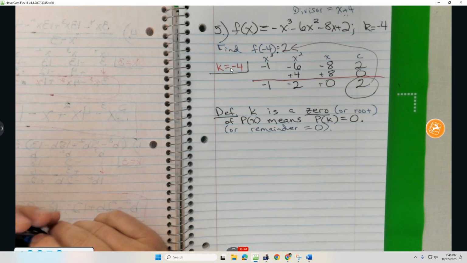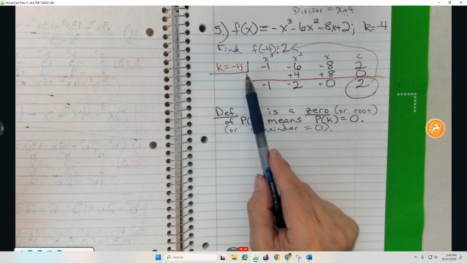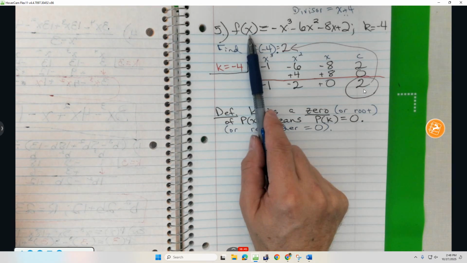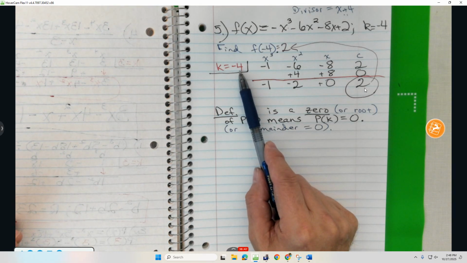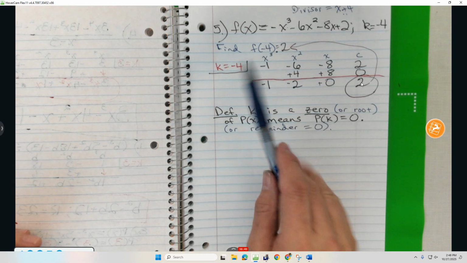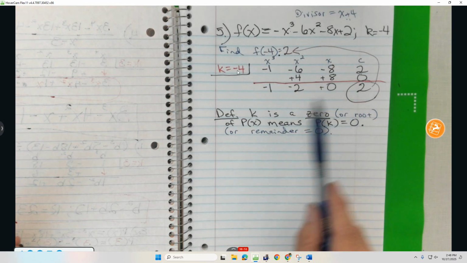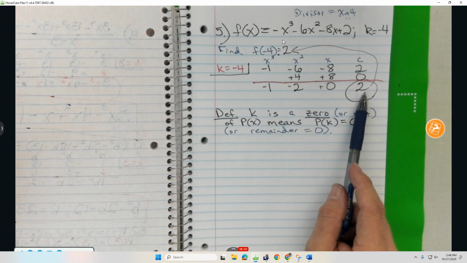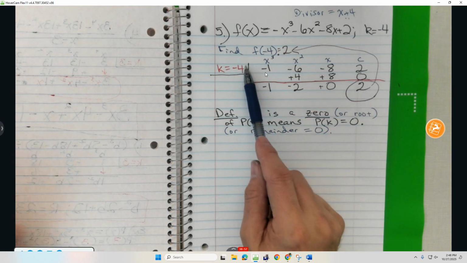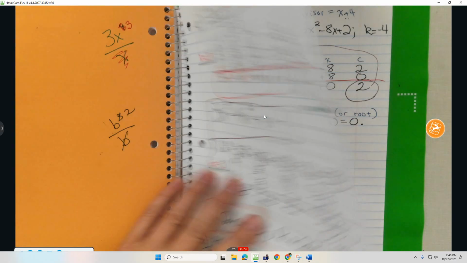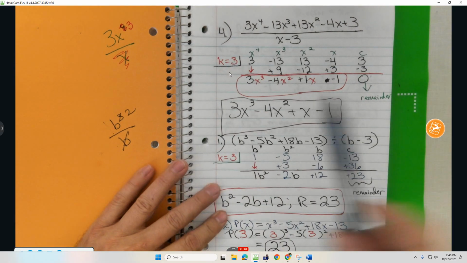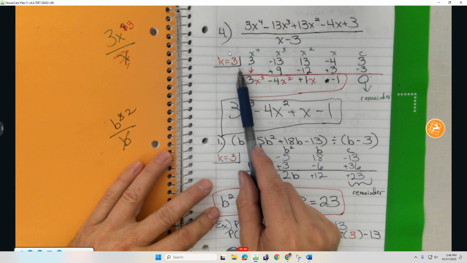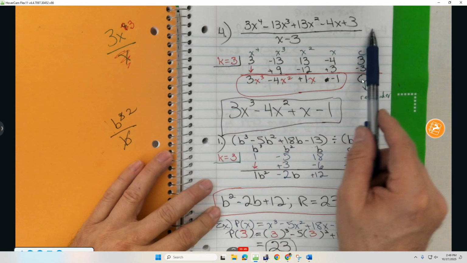Like this k on number 5. Is negative 4 a 0 of f of x? If you plug in negative 4, do you get a 0? If you plug in negative 4, what do you get? A 2. So, no, negative 4 is not a 0. Let's look back at number 1. Is 3 a 0 of this function on top?